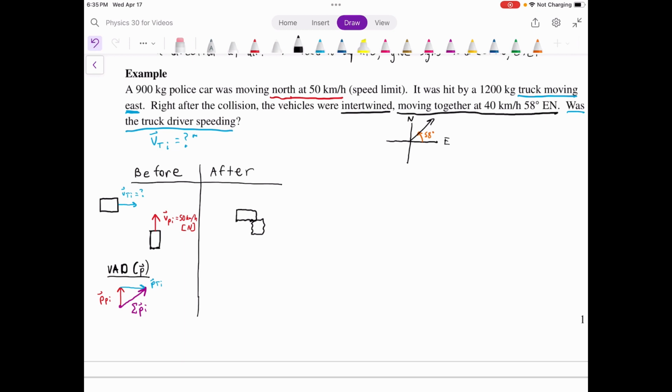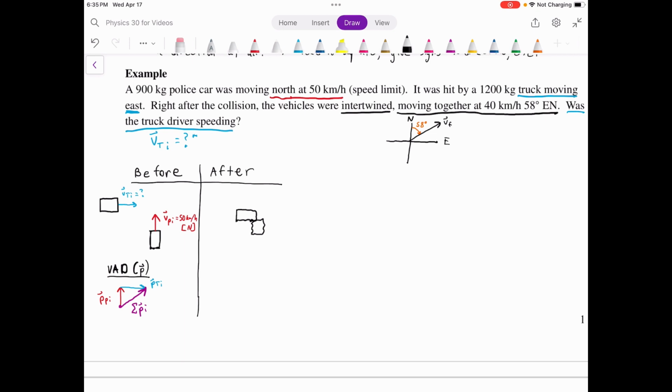We wanted to go 58 degrees east of north. So let's try that again. We know we're somewhere in this quadrant though, right? We're somewhere between north and east. So we need to go 58 degrees. Obviously doesn't need to be perfect and break out the protractor or anything, but 58 degrees east of north. So that is what our velocity final looks like, right?